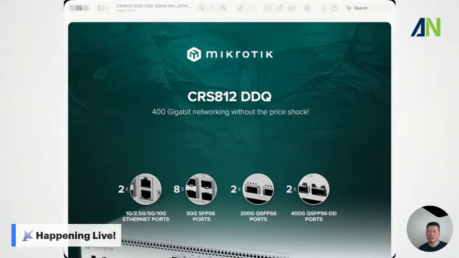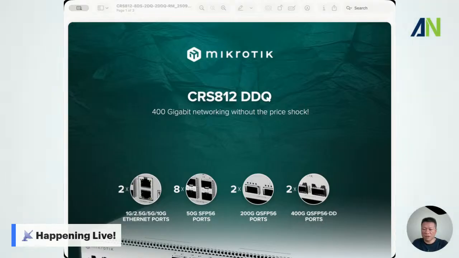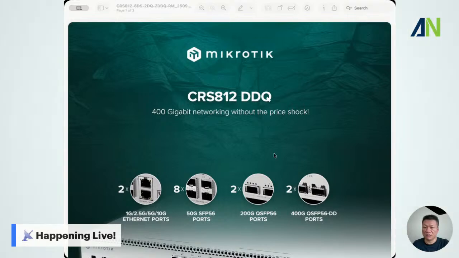Today we are doing a live unboxing for one of the latest products from MikroTik. It was announced just a couple of days ago. If you are a subscriber of the MikroTik newsletter, inside the newsletter you see that MikroTik has a 400 gigabit switch.